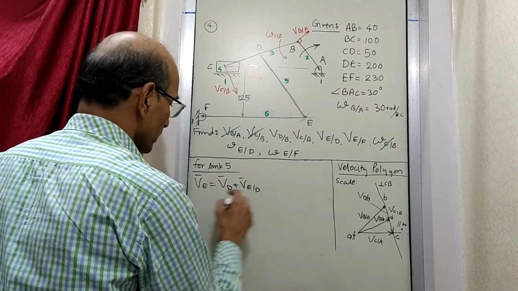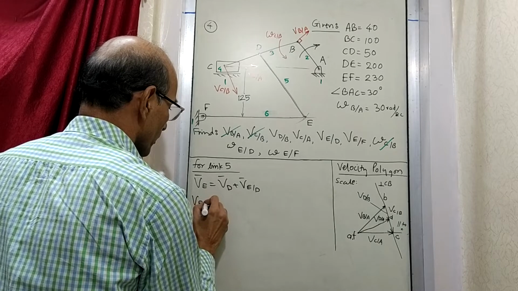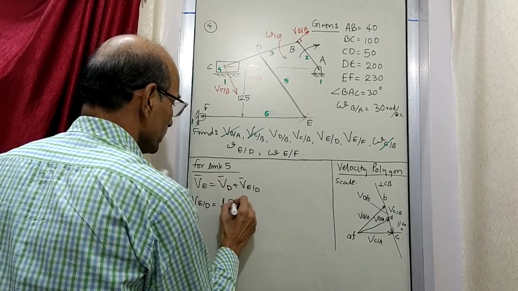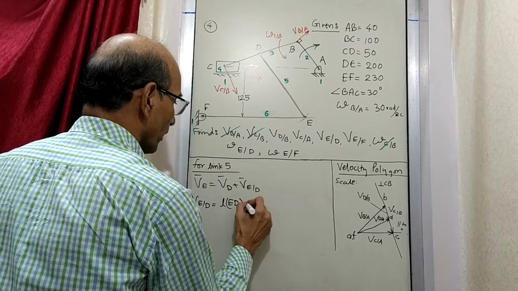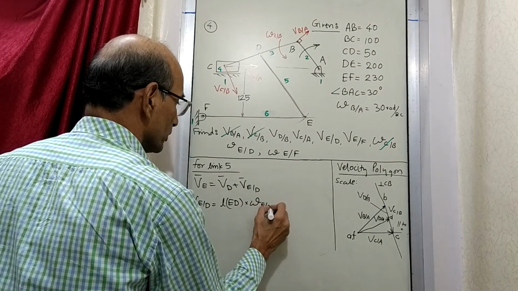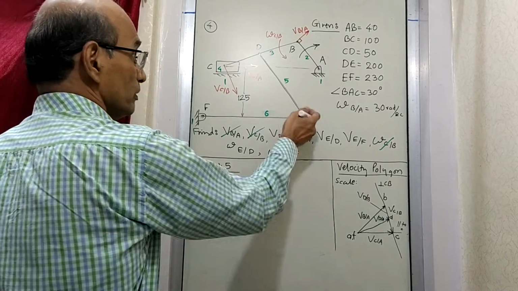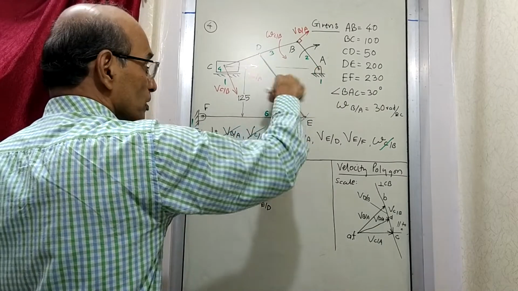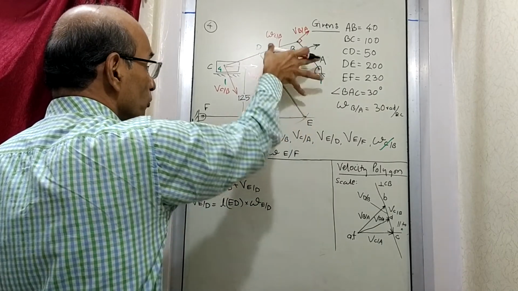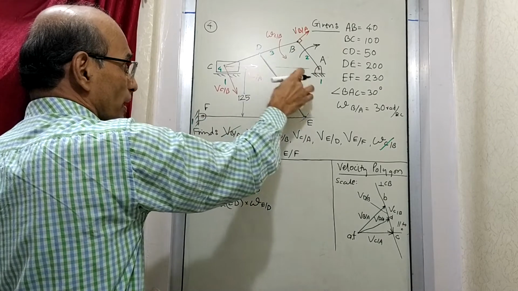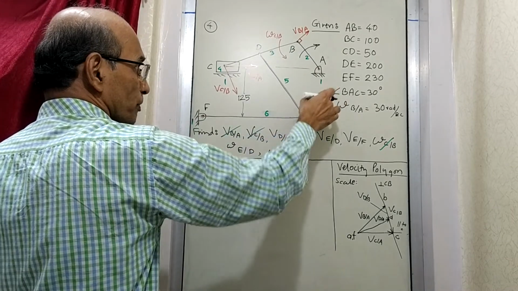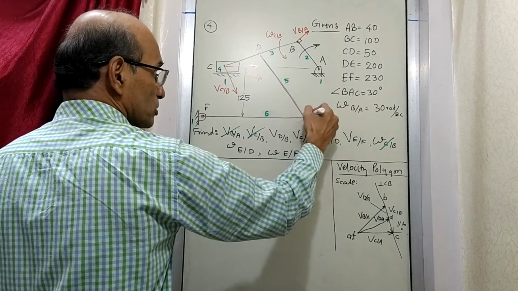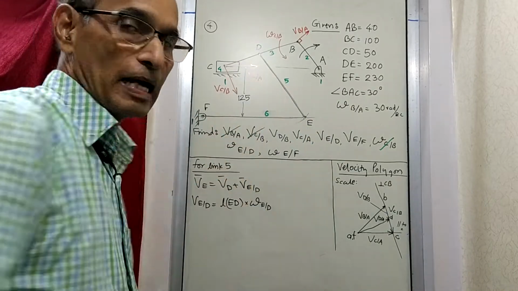Now the other one is length ED multiplied by the angular velocity of E with respect to D. That means this link will have some kind of a rotary motion. So that angular velocity, when you multiply by the length, so R into omega, that is going to be the velocity of E, which will be perpendicular like this or like this, depending on the direction of rotation.